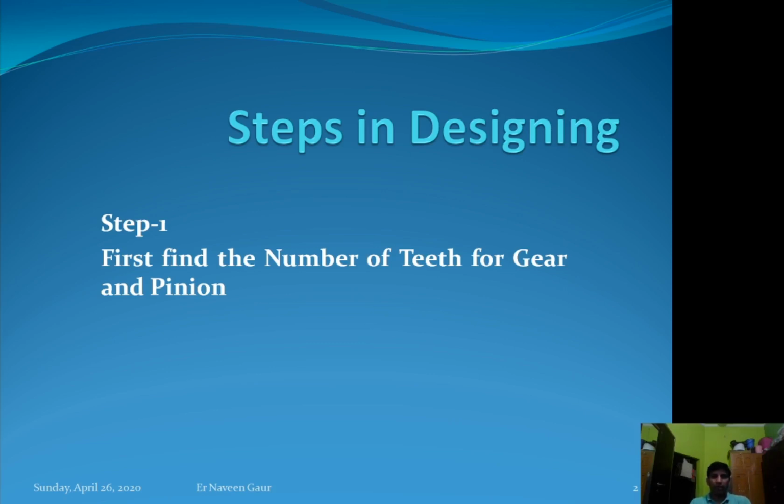So students, we have two to three types of problems for designing spur gear. In one type of problem, only a few dimensions are given, and you have to design the spur gear against these dimensions.